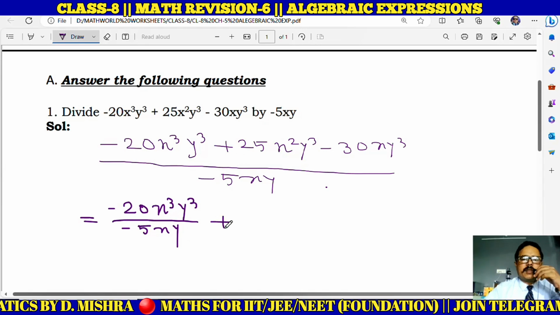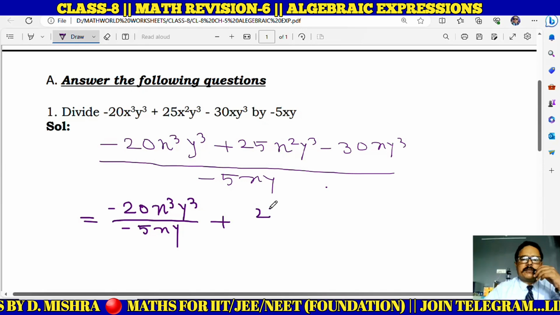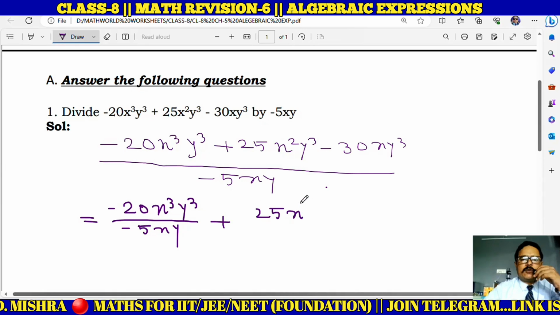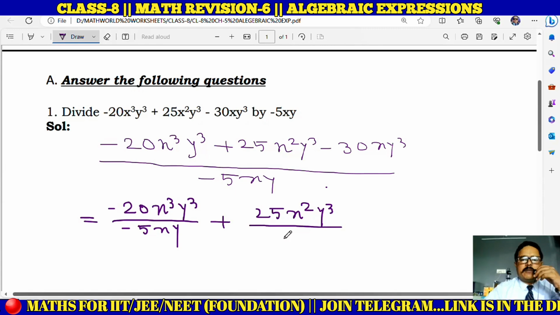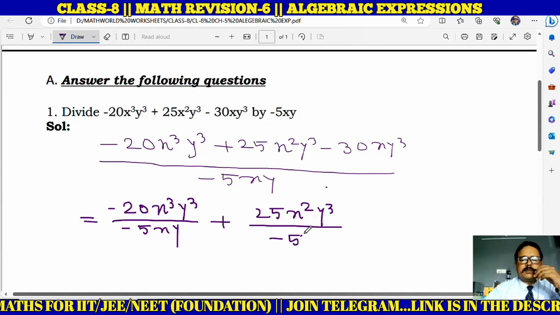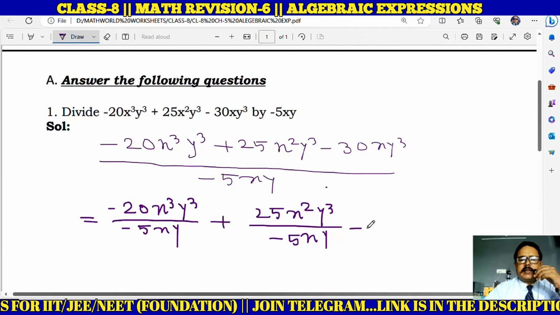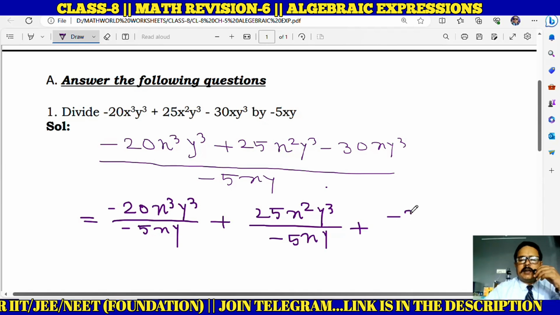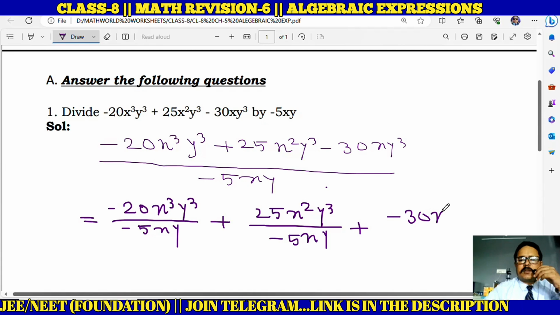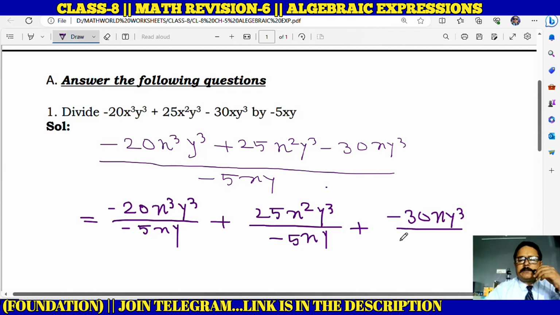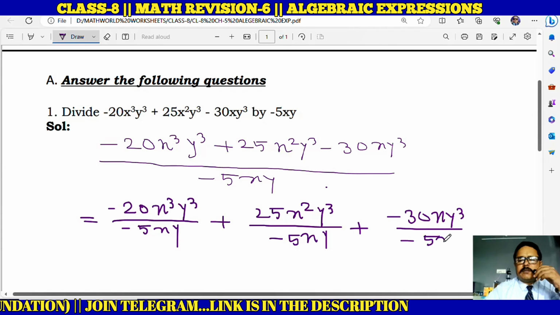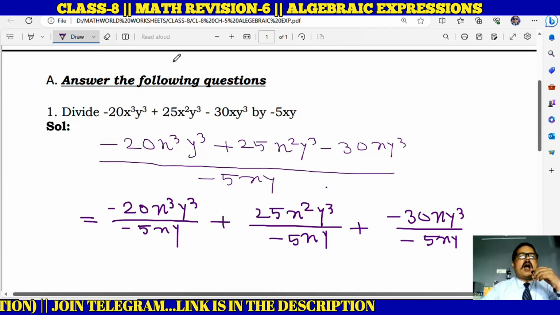Plus 25x square y cube divided by minus 5xy, then plus again minus 30xy cube upon minus 5xy. Let me tell you one thing.